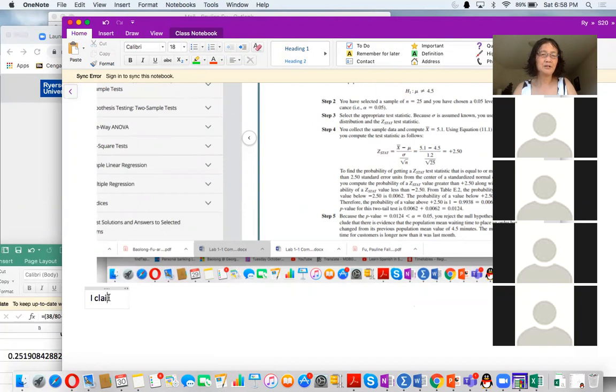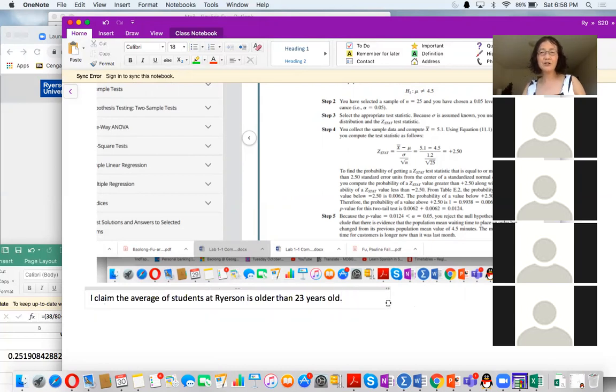So I claim the average age is older than 23 years old. This is my statement, the original question. How do I, based on this, know whether it is a one-tailed or two-tailed test?